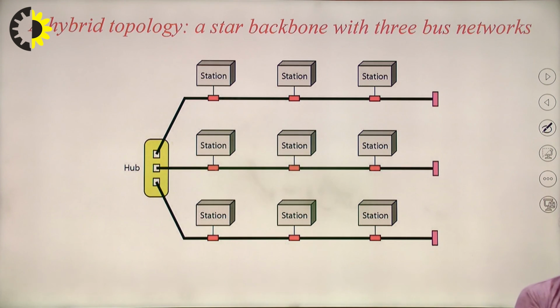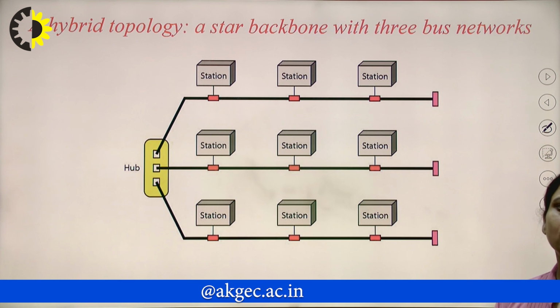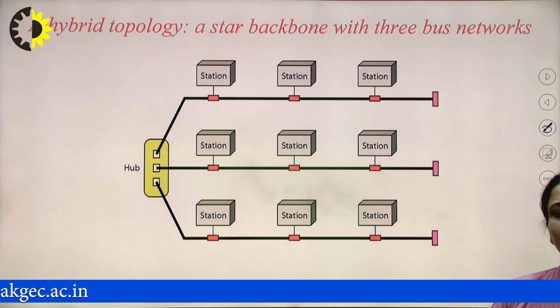Now the next is the hybrid topology. Hybrid topology is basically a combination of all the topologies like star, bus, mesh, ring. We can implement a network with the help of various topologies in a single mode.